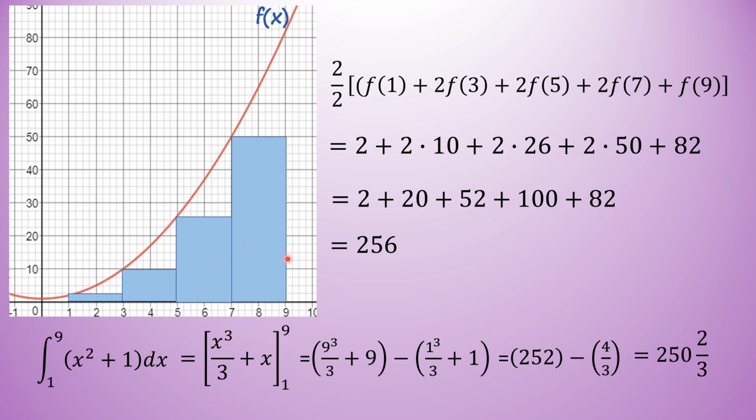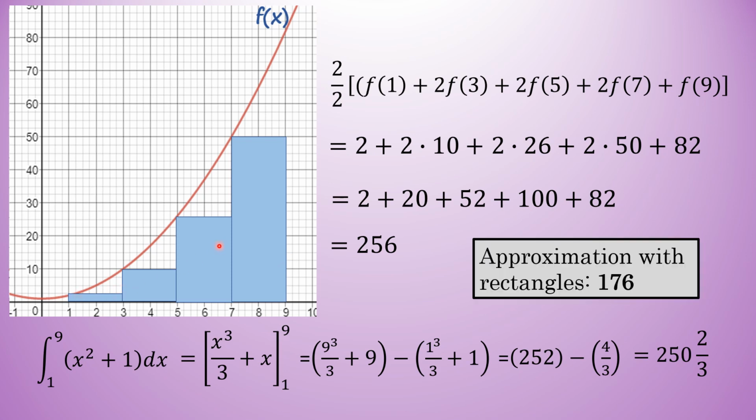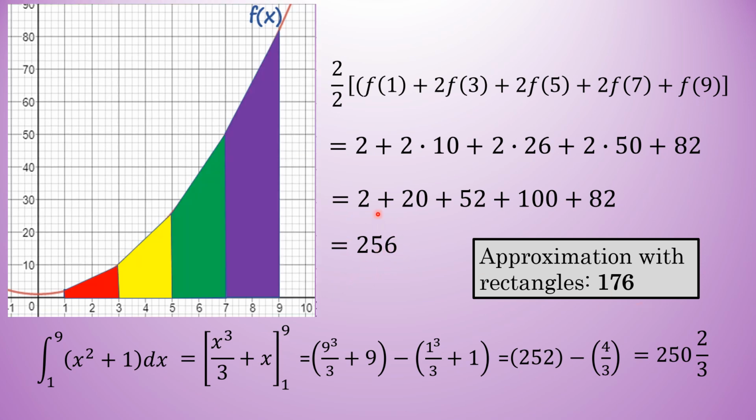The area you would get if you added up the area of these 4 rectangles is 176. That's a margin of error 15 times greater than what we got with the trapezoids. So again, the use of trapezoids to approximate area between a curve and an x-axis is superior to approximating area with rectangles.